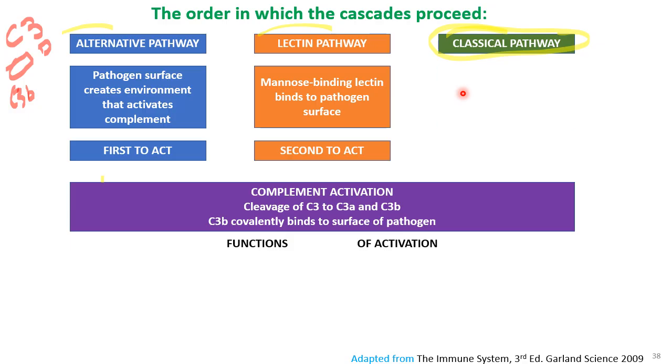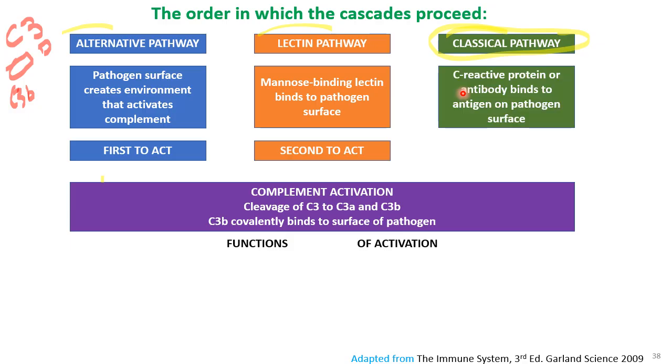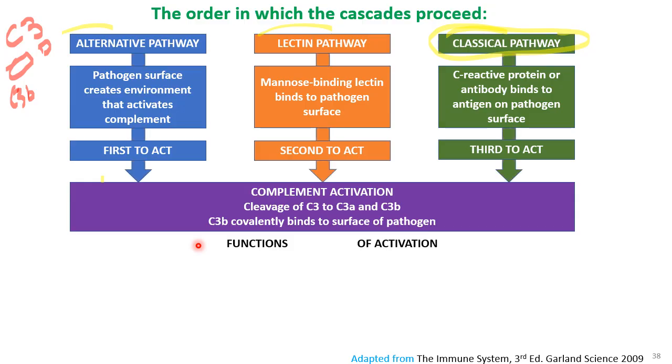And then the last one that comes into action is your classical pathway, in which you're going to have mainly antibodies against specific stuff on the surface of your pathogen, and the antibodies are going to recruit the cleavage of your C3. Eventually, they're all going to activate cleavage of C3.